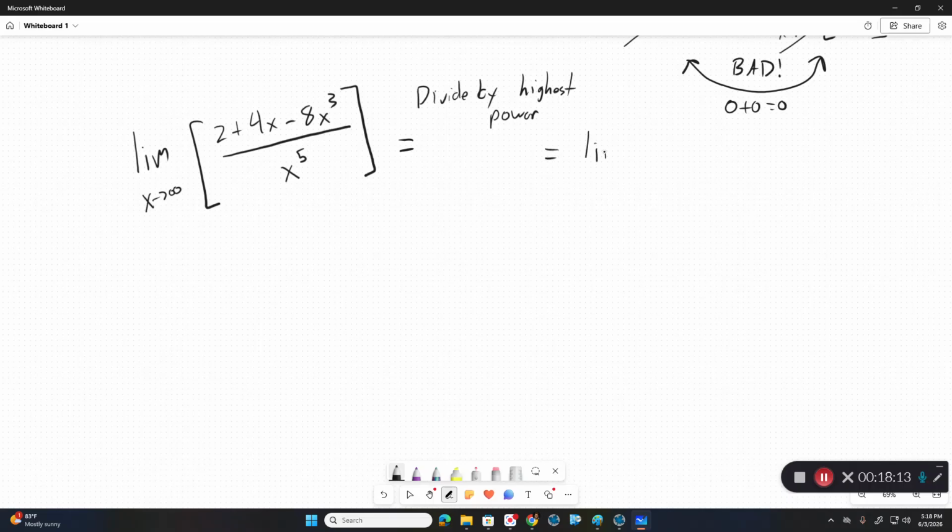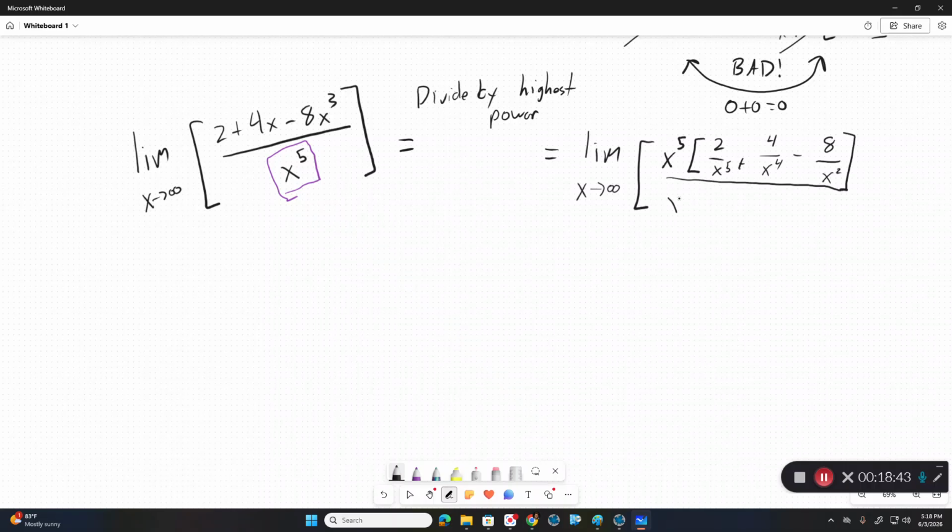This is going to be the limit as x approaches infinity of, well, what's the highest power? I see it as this x to the 5th that appears in the denominator, so I'm going to divide top and bottom by x to the 5. This is going to be x to the 5 times 2 over x to the 5 plus 4 over x to the 4 minus 8 over x squared, divided by x to the 5.